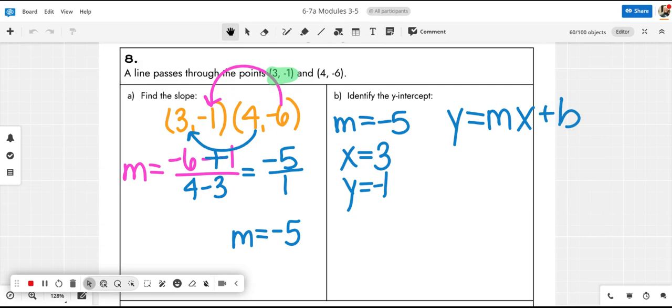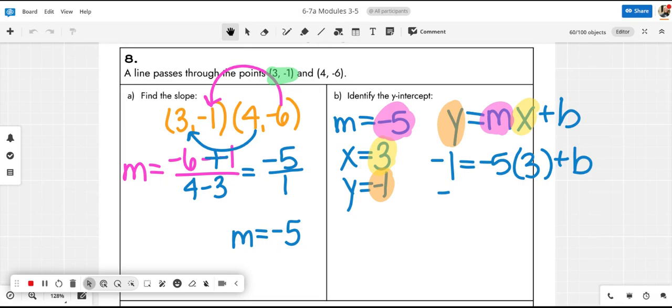Now you're going to substitute each of those parts. So y is negative 1. Then we have x is 3. And we have m is negative 5. So I have, again, y is negative 1. M is negative 5. X is positive 3.